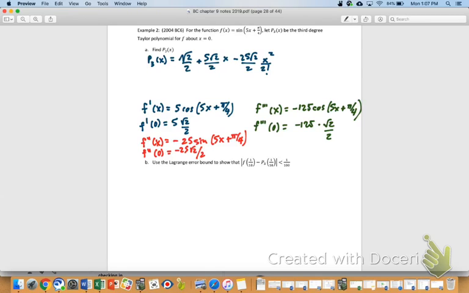All right, so then I put this in, negative 125 root 2 over 2 times x cubed over 3 factorial. Sorry I switched colors on you there, but that'd be my third degree. I have no idea what 125 root 2 over 2 times 1 over 6 is. That's okay. Questions so far? We need to talk about B, but this would be our third degree Taylor at 0 for this.